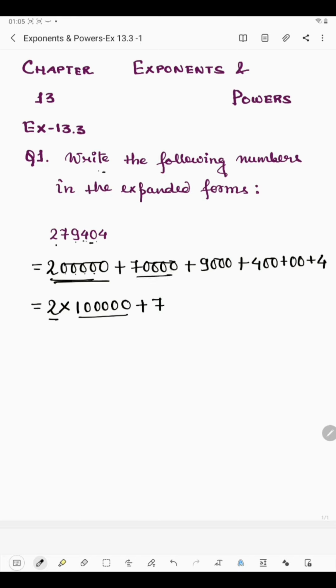Here we have 4 zeros, so with 1 we will write 4 zeros. That means 7 into 10,000 is 70,000. Now how have we got 9,000? We'll write 9. After this we have 3 zeros, so with 1 we'll write 3 zeros. So then only we have got 9,000, right?